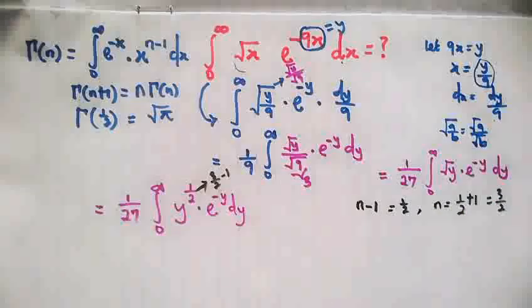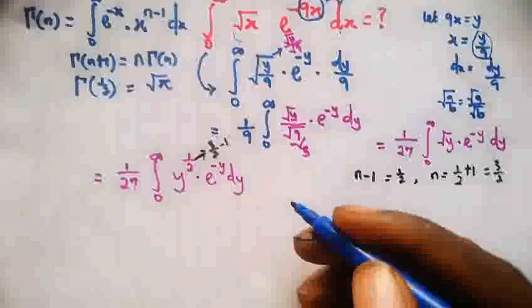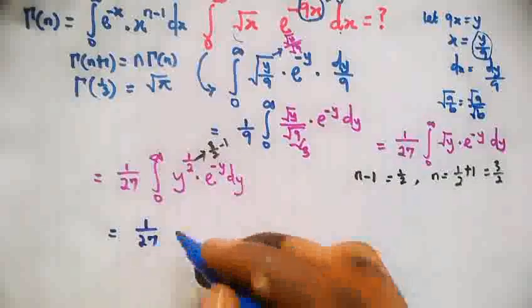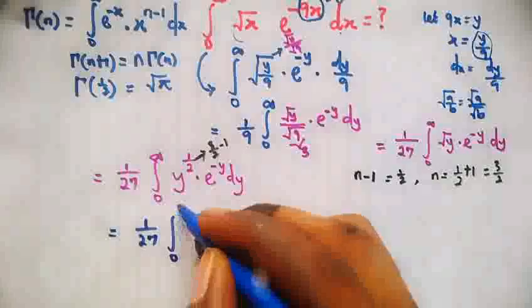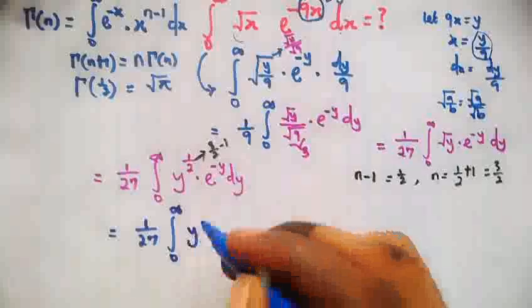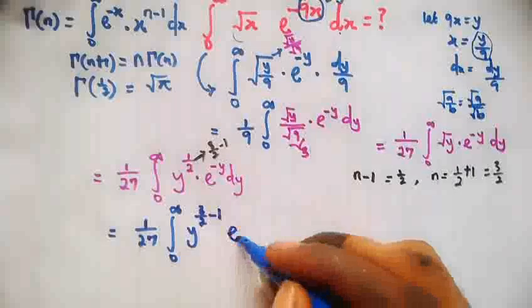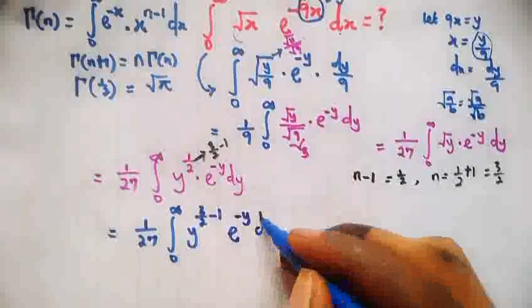Now what do we have next? We have this to be equal to 1 over 27 times the integral as y goes from 0 to infinity of y raised to power 3 over 2 minus 1 times e raised to negative y dy.